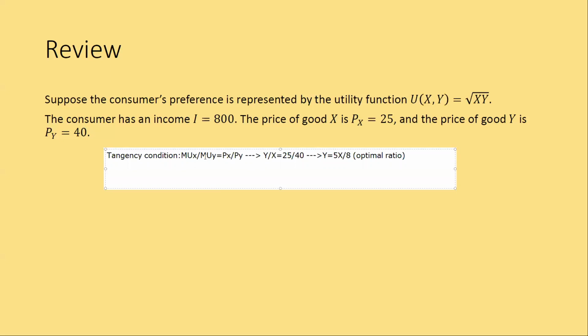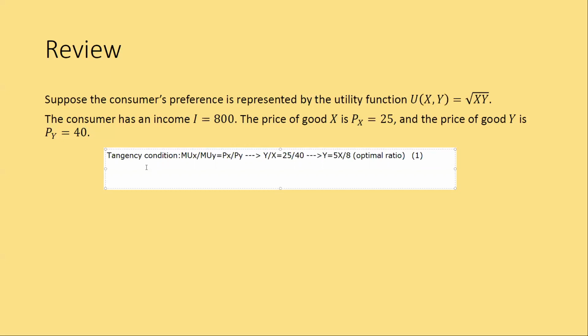And we are going to combine the optimal ratio with another condition: the optimal consumption bundle must lie on the budget constraint. Because this utility function satisfies the assumption that more is better, the consumer will not want to have any income that is unspent when consuming the optimal bundle. So the optimal bundle must be a point that lies on the budget constraint. We call the optimal ratio condition 1.